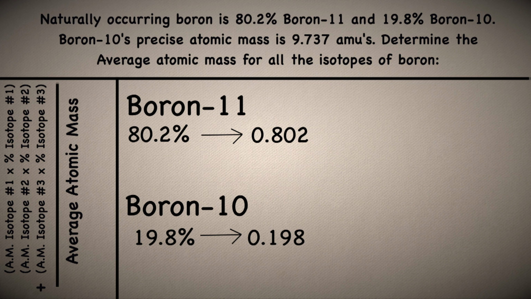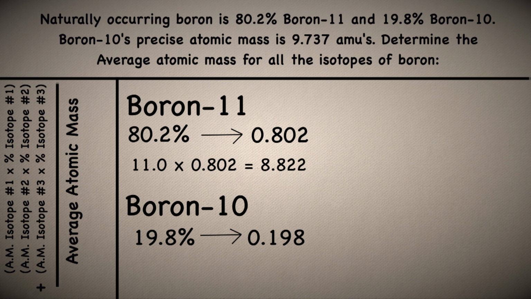Now that we have our percentages converted to decimals, we can start plugging them into the equation. So we're going to take boron 11. We know boron 11's atomic mass is 11.0. We multiply it by its decimal, 0.802, and we get 8.822. We're going to hold on to that number for a minute.